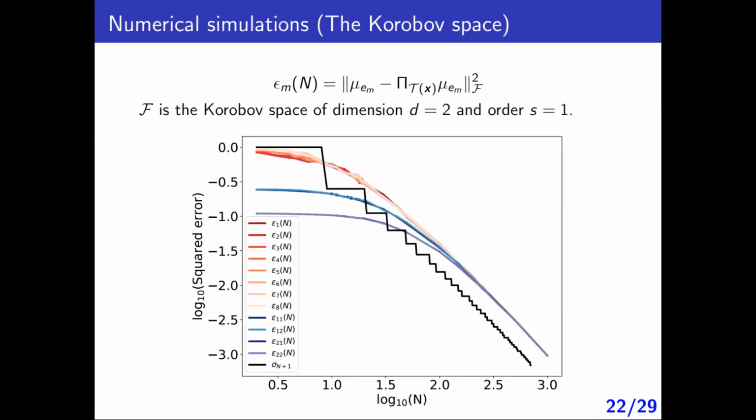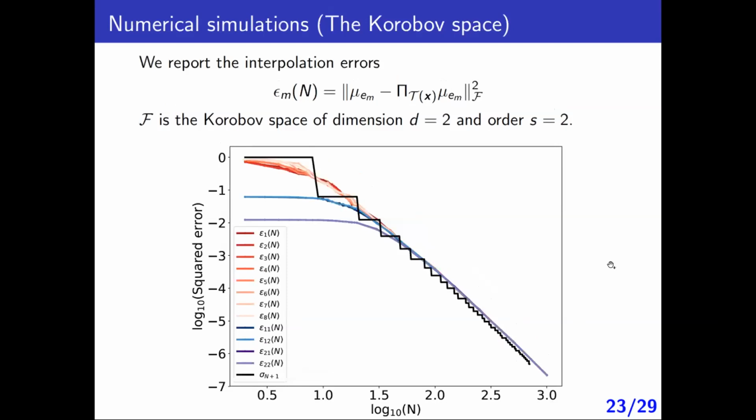Again, here we can see the interpolation error for different eigenfunctions. So every epsilon m is the interpolation error of the embedding of some function m, and we can see here what we call the initial error, and then it goes to the same curve, they all coincide in the same curve, that behaves like the eigenvalue of the integration operator.